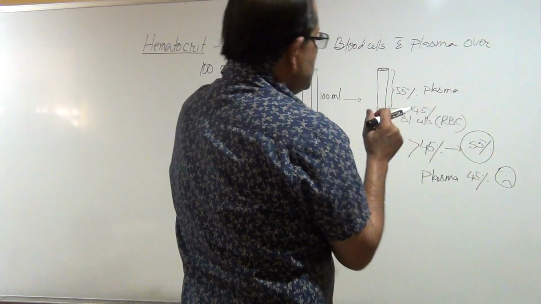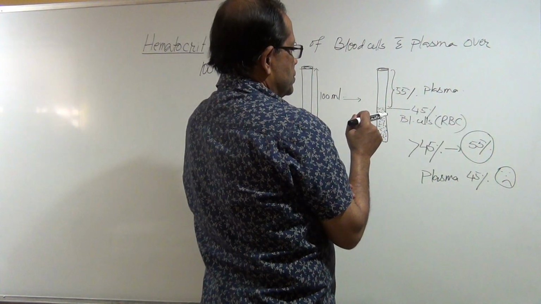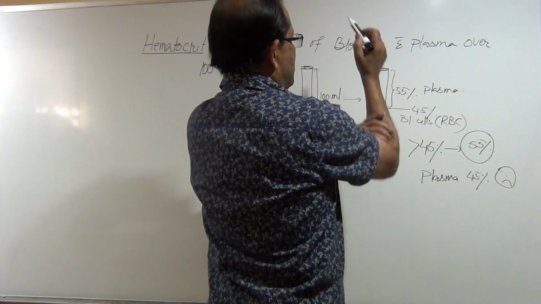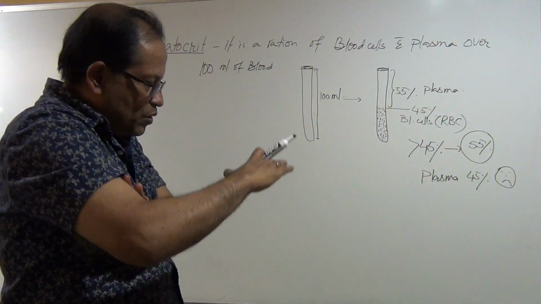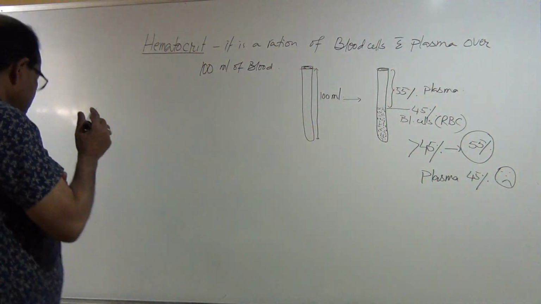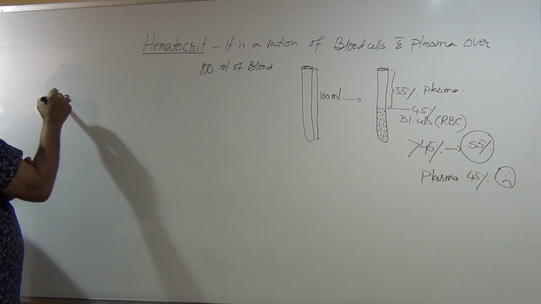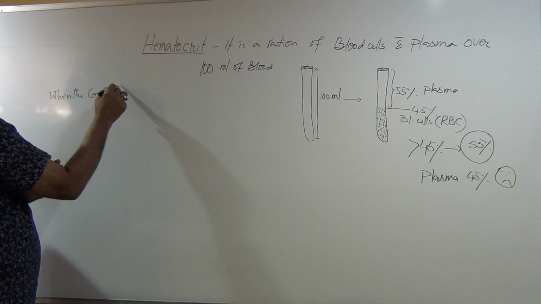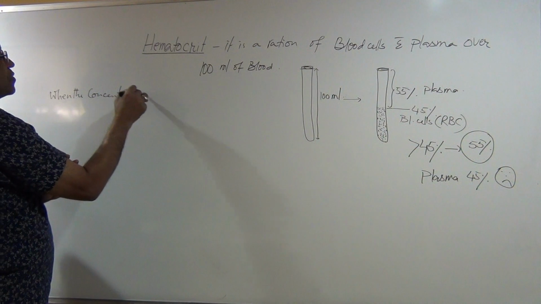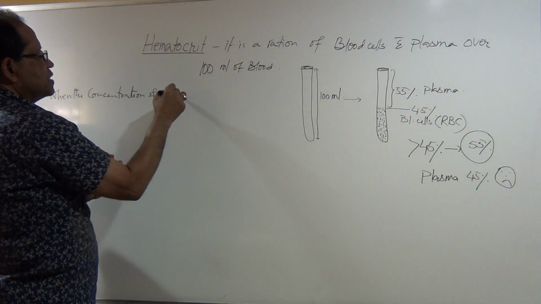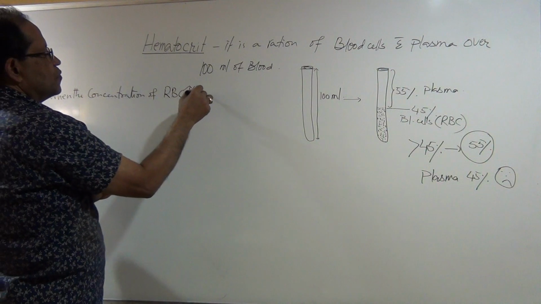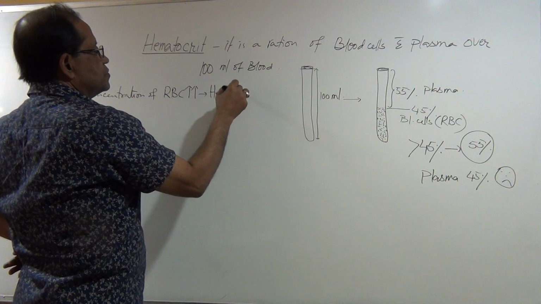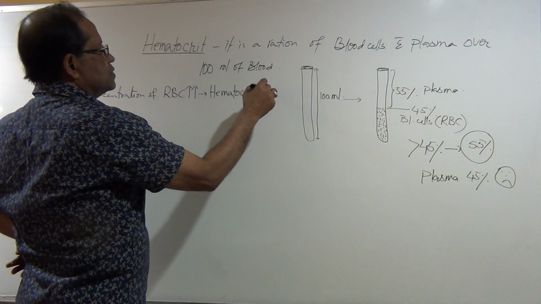So there are certain conditions in which the ratio of the RBC or blood cells goes up and the plasma level goes down. So when the concentration of RBC goes up, then hematocrit goes up.